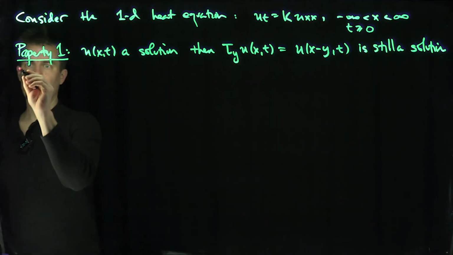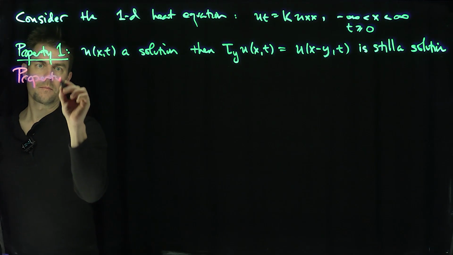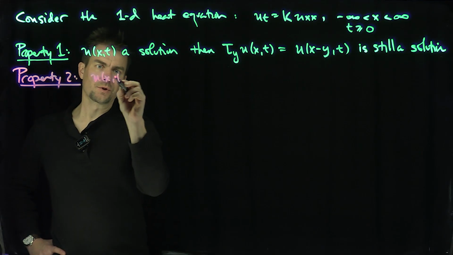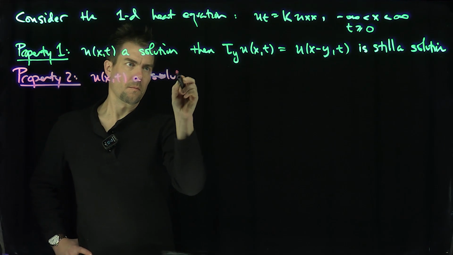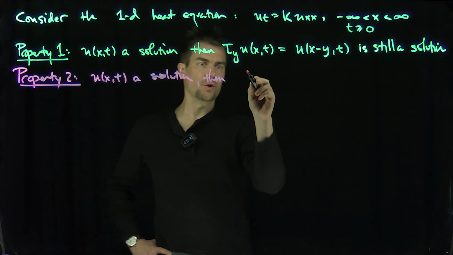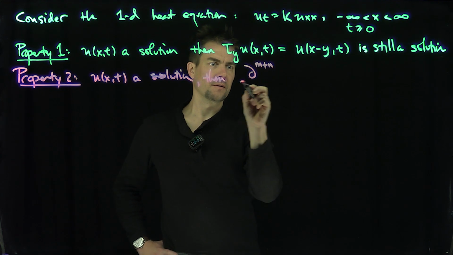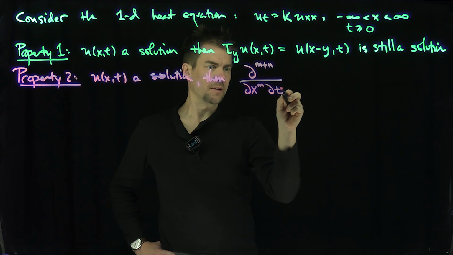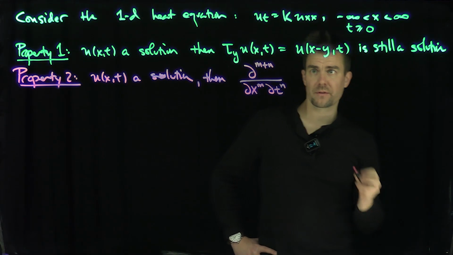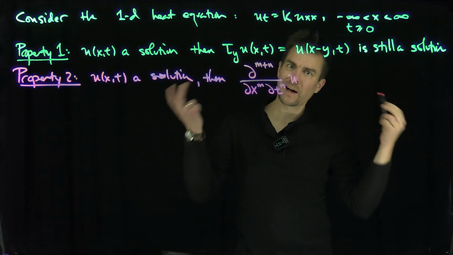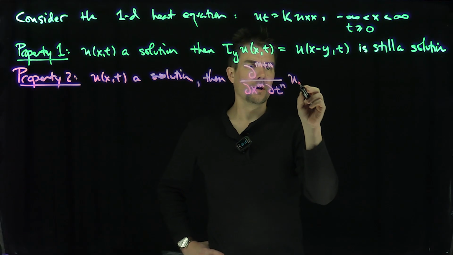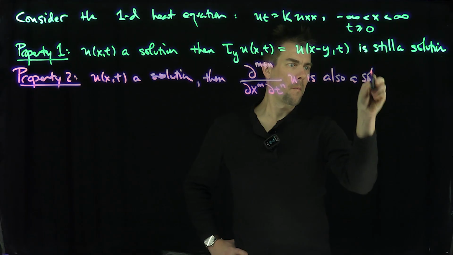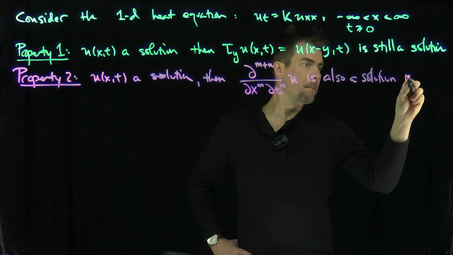What's the next property? Property 2 is that if u of x, t is a solution, then I can take any number of derivatives, partial x to the power m, partial t to the power n, of a solution, assuming of course that I give you a smooth solution, and it will also solve the equation, for any m and n.